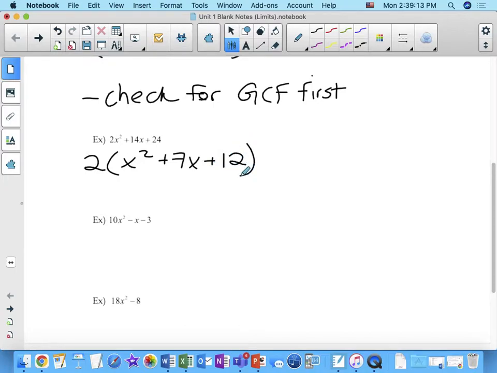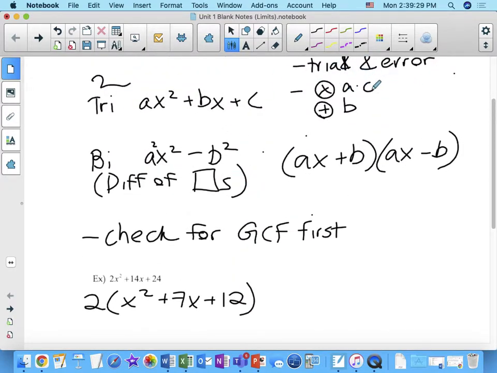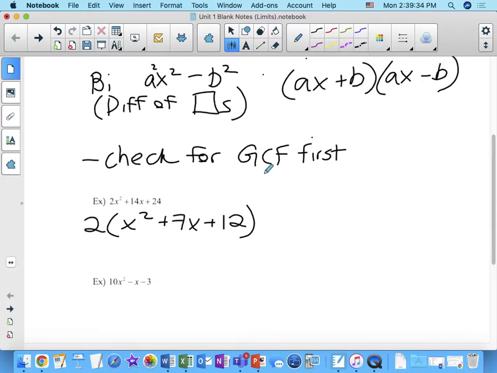Now this is a trinomial where the coefficient of the x squared term is 1, and that cuts the process down a little bit, because when you're looking for two things that multiply to a times c, since a is 1, you're just looking for two things that multiply to c. So what multiplies to 12 and adds to 7? 3 and 4, yeah. And so when the a value is 1, you can just plunk those two values in there.